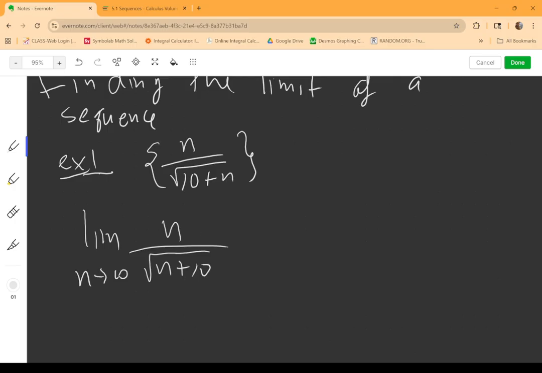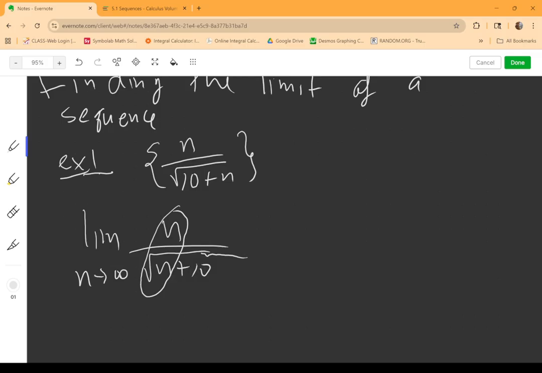Again, recalling some techniques of evaluating limits at infinity, for an algebraic function like this, we're going to focus on the leading terms, because we're thinking of really, really large values of n. When I'm adding a constant, that plus 10 won't contribute much to the limit.